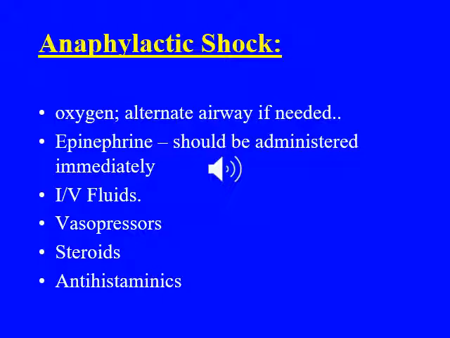If we do not have an IV line, we can give epinephrine subcutaneously or intramuscularly till the IV line is secured. We can also use vasopressors, steroids and antihistamines in the management of anaphylactic shock.